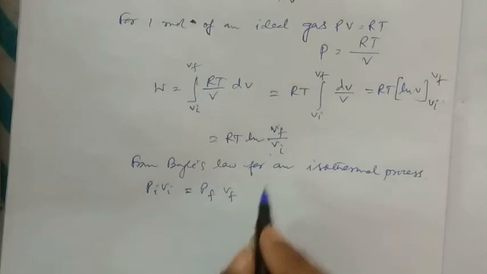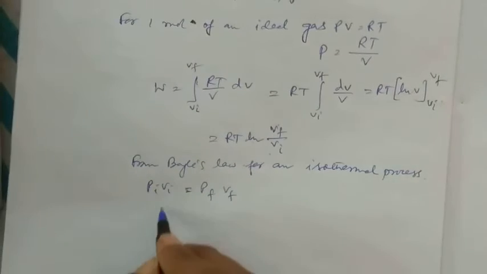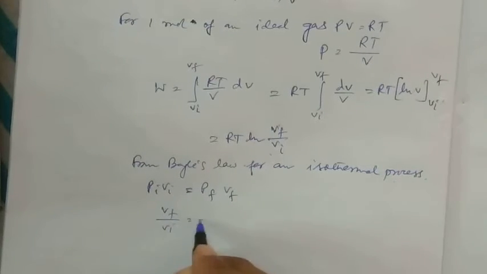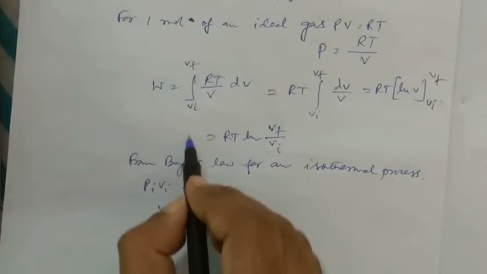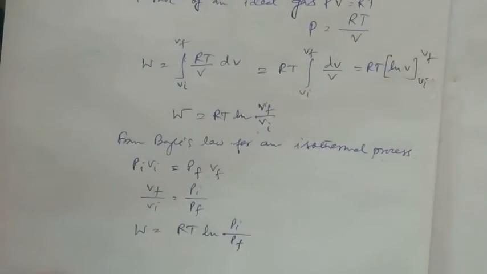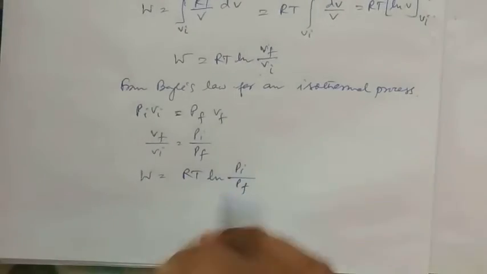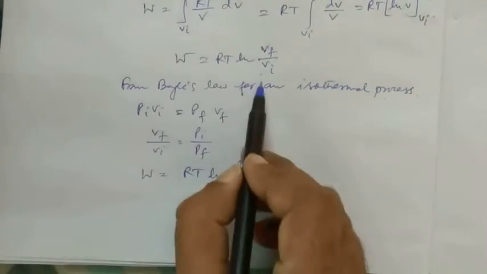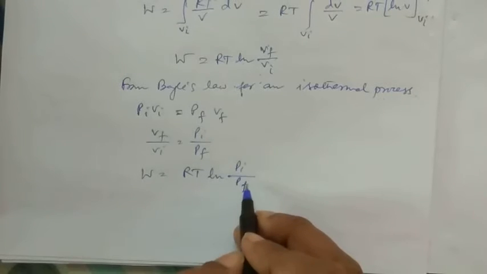So from here we have Vf by Vi, so Vf by Vi means Pi by Pf. So we can replace in this formula, W is equal to RT ln of Pi by Pf. So we have got two forms. One form is Vf by Vi, another form is Pi by Pf.